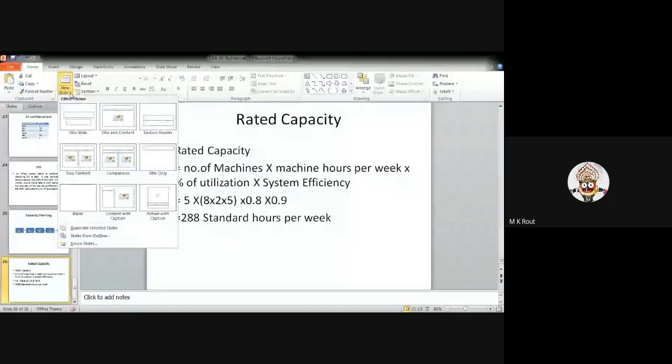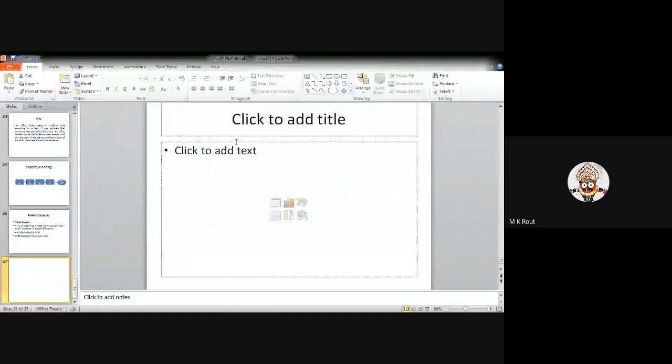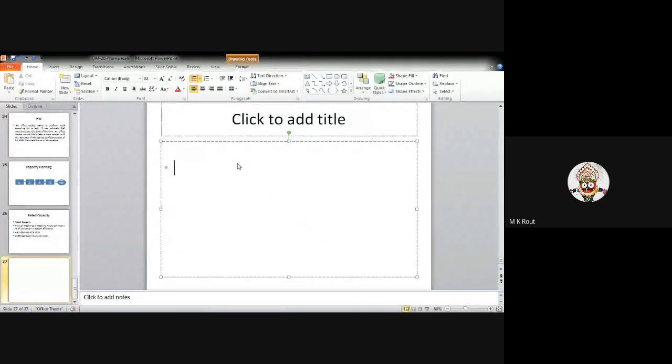You can see the PPT. Just a minute. Note down, this formula should be used. You have to calculate the number of observations.